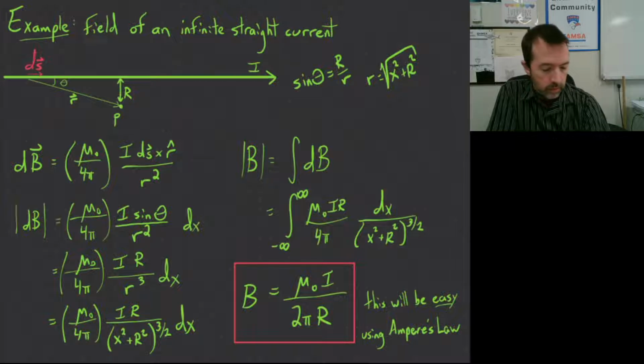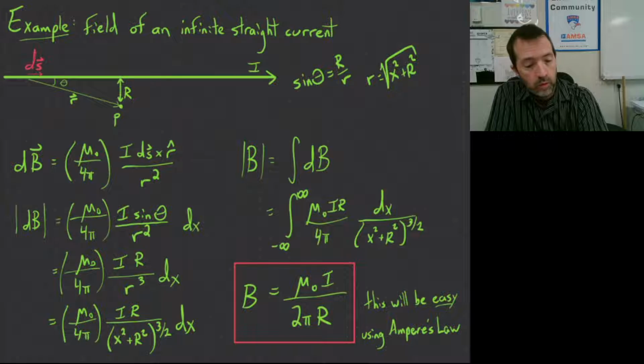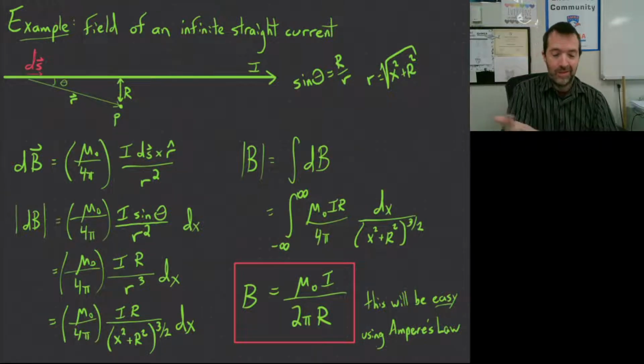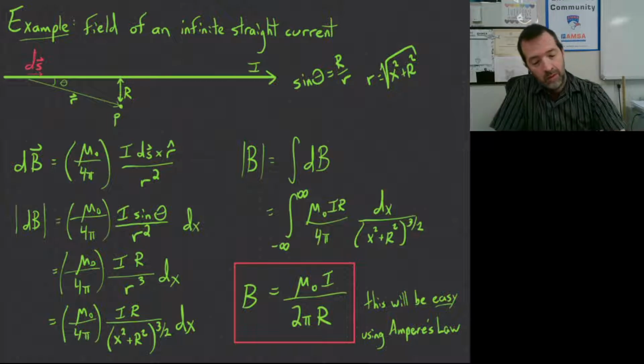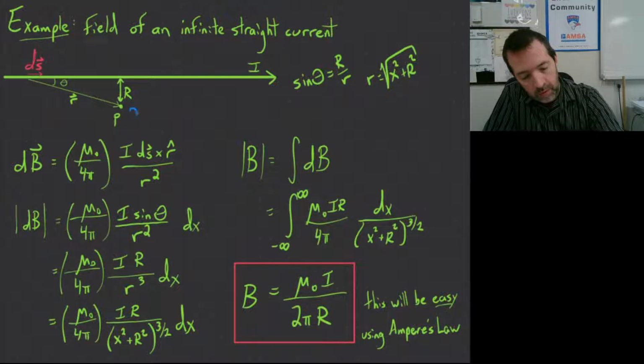And that's the only dramatic change that I made. I rewrote ds as dx because I'm just saying this is the x direction. And I put some absolute value on there because I can tell what the direction is going to be from the right-hand rule, as always.